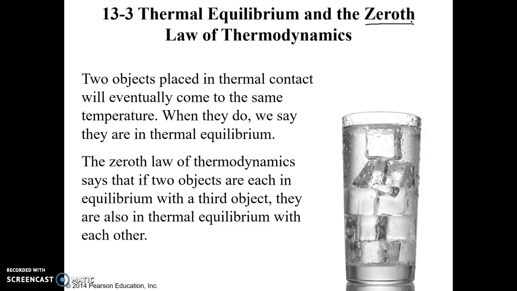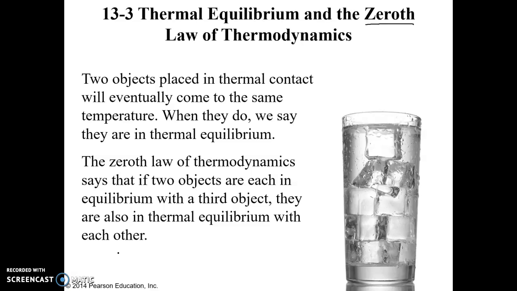So thermodynamics basically, if we look at the root word, is the way that heat flows. Thermo being heat and dynamics is motion. So how does heat move from one area to another or one object to another? And the Zeroth Law of Thermodynamics says if two objects are in equilibrium, meaning the same, with a third object, then they are also in equilibrium with each other.